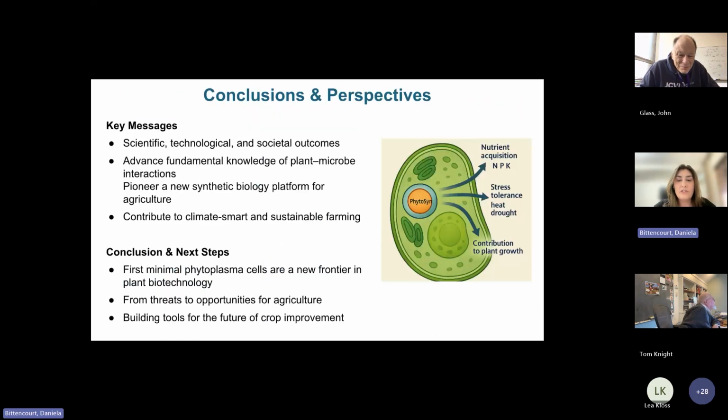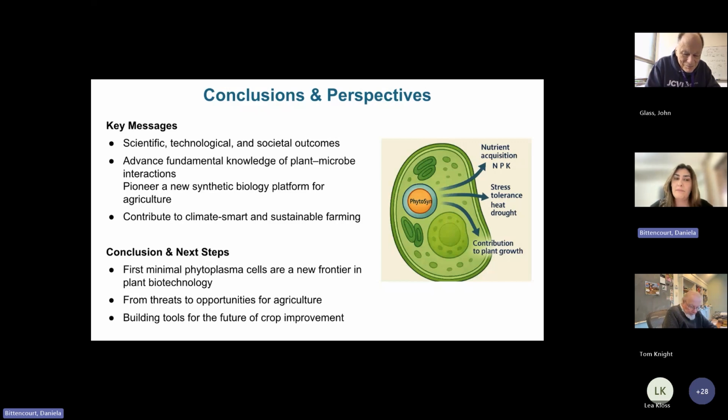And well, as a conclusion of this adventure that we're just starting, this is a project under construction, but it opens exciting perspectives, which is to advance our knowledge of plant-microbe interactions.